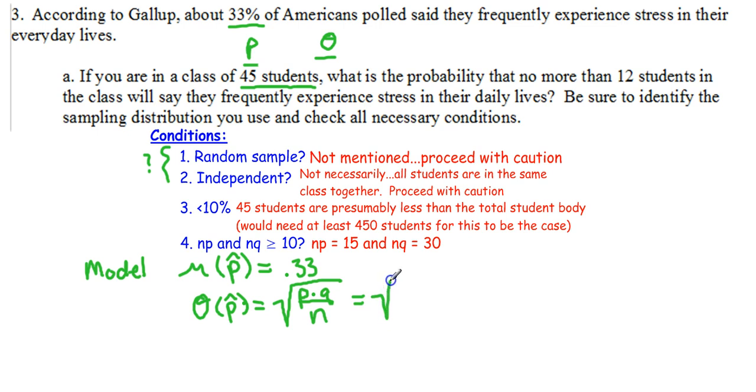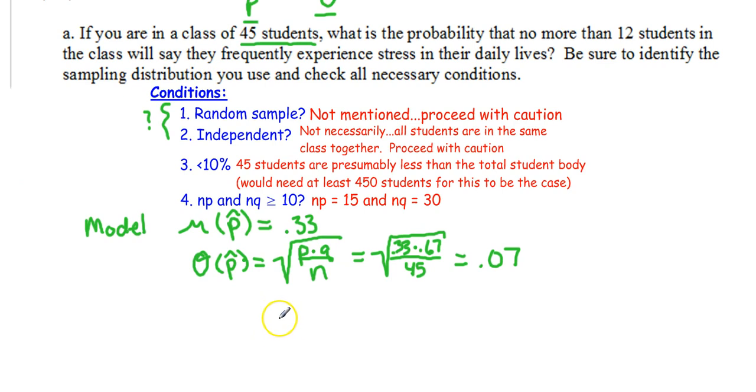Our standard deviation of this sampling distribution is going to be the square root of 0.33 times 0.67 over however big our sample is, and our sample in this particular case is 45 students. So plug that into your calculator, and what you come out with, rounded, is a standard deviation of 0.07.